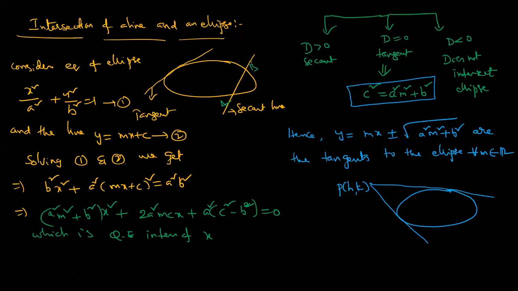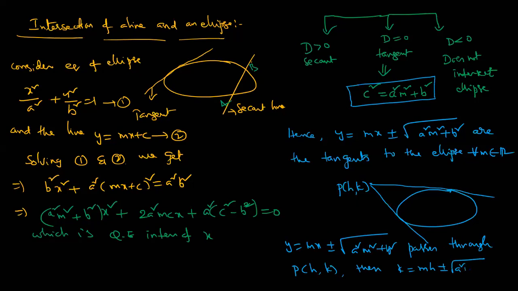The line is y is equal to mx plus or minus root over a square m square plus b square. It passes through the point h comma k. Then what is the answer coming? See, k is equal to mh. So transpose this value after squaring on both sides. Write down this one, I will tell you.